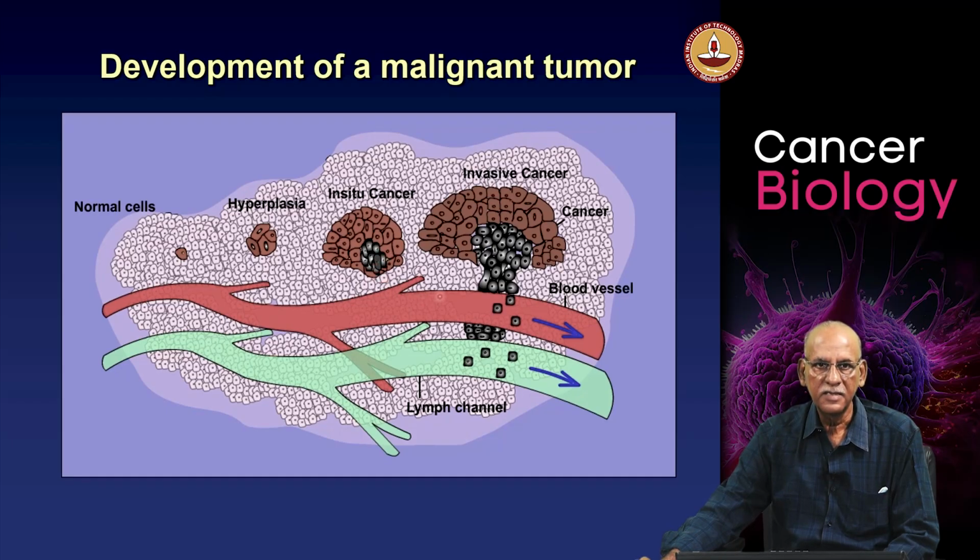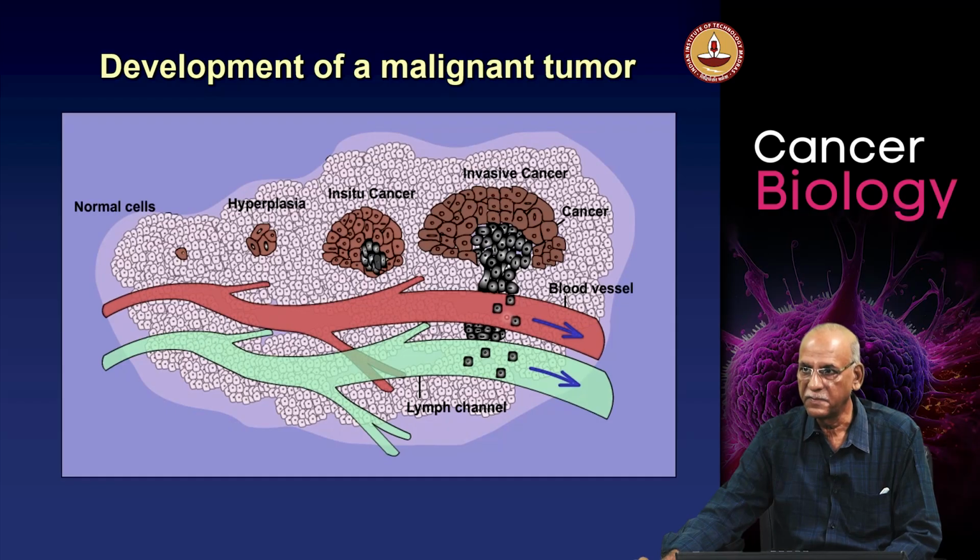Then what happens? They slowly develop, multiply, and the first thing they have to do is to cross over the blood vessel. It can be lymphatic system or it can be simple blood vessels. So, they have to cut open that, then they will enter, then the job becomes easier, they can travel all over.